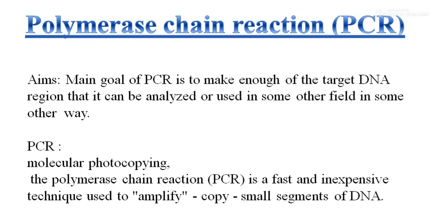When we have a small quantity of DNA fragments, but we need to follow different techniques for our research or investigations, if we can copy this DNA, it will be helpful. That's why we need polymerase chain reaction.